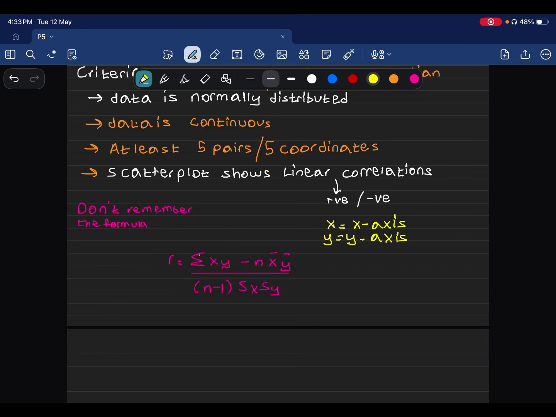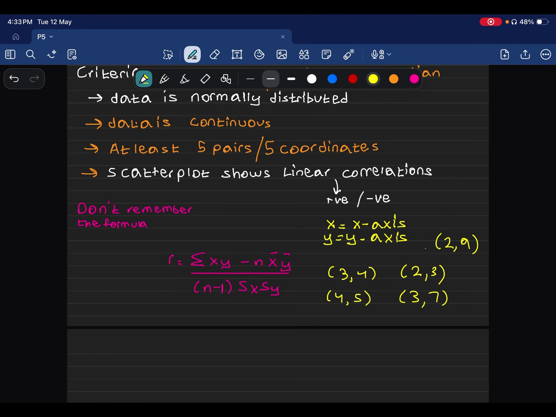Okay, what does sigma xy mean? Remember we said you need to have 5 pairs of data at least? Well, in your question, no matter how many pairs of data you have, the condition should be more than or equal to 5. Let's say you have 7 pairs of data. So let's say you have 3 comma 4, then 4 comma 5, then 2 comma 3, 3 comma 7, and then 2 comma 9.